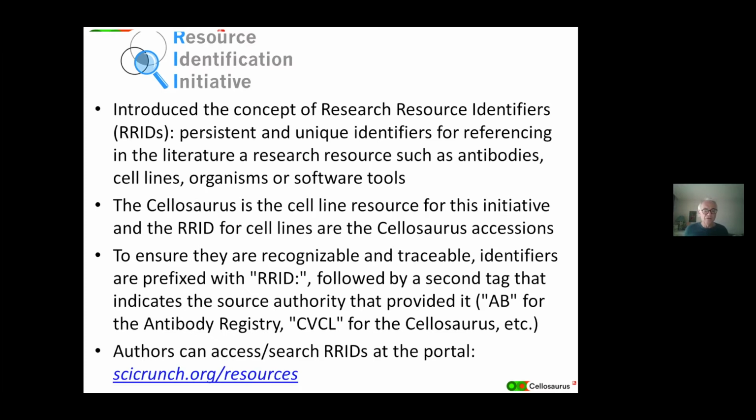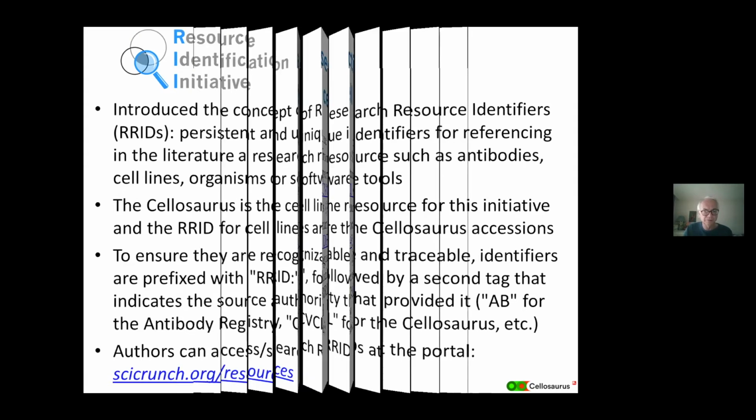And you can, of course, search RRIDs. There is a portal for it, which is mentioned here. You go to it and you can search for RRIDs for all those different kinds of resources, not only cell lines, but antibodies, as I said, strains of bacteria, organisms, and software tools.